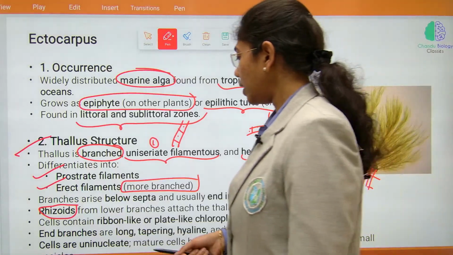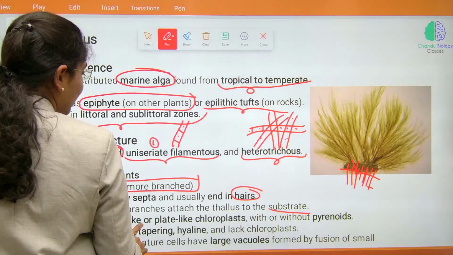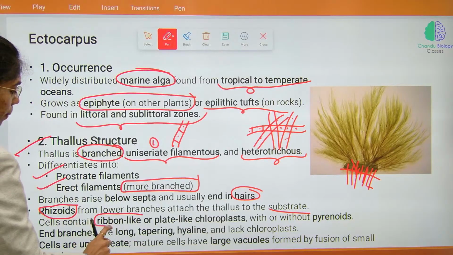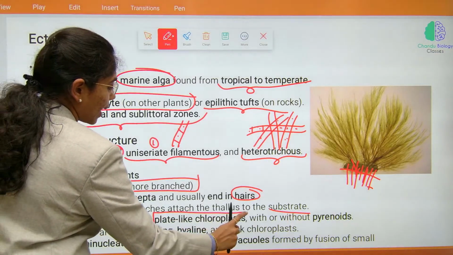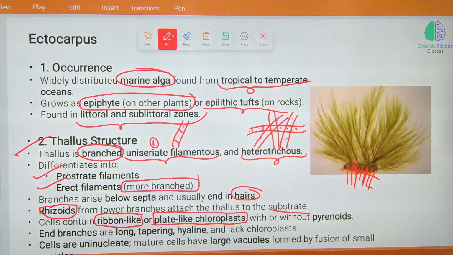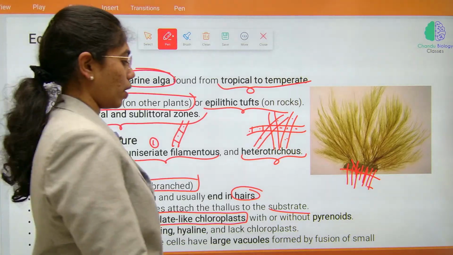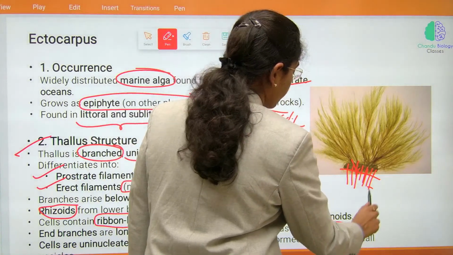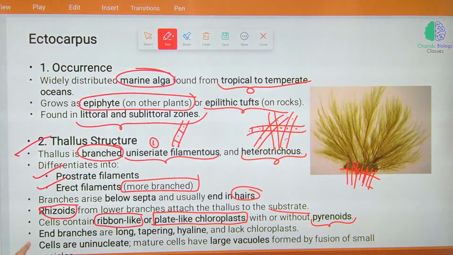The cells contain ribbon-like or plate-like chloroplasts, with or without pyrenoids. End branches are long with tapering ends.